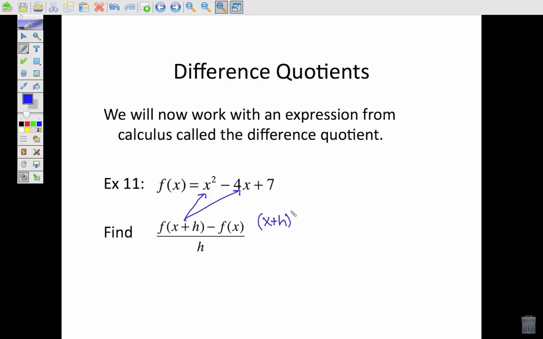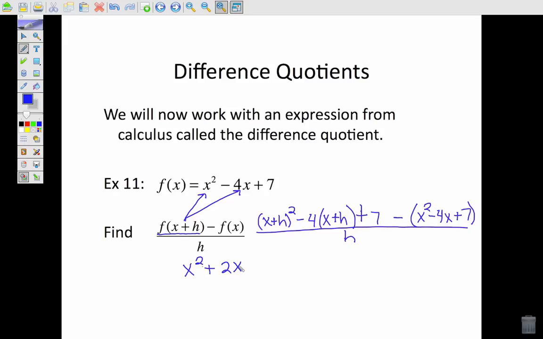First, we're putting x plus h in. x plus h squared minus 4 times x plus h plus 7. All of that right there is just this first portion. Now I need to subtract the function, minus the function, and I use parentheses because of the signs, all over h.